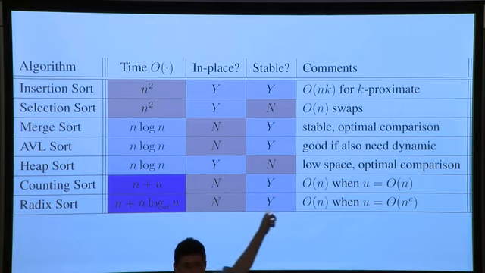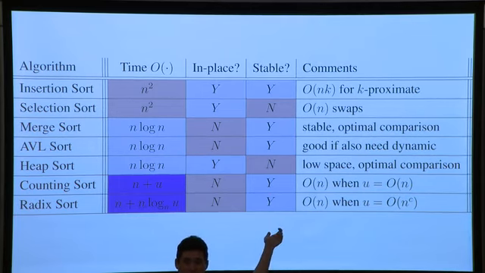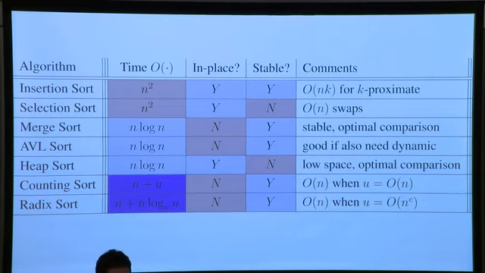Insertion sort actually runs in n times k, so if k is small, that's really good, kind of like linear. But you can do even better with a binary heap, which you saw in recitation, hopefully, getting that down to n log k by maintaining a heap as you go across and finding the max that way. So insertion sort maybe is not so great.